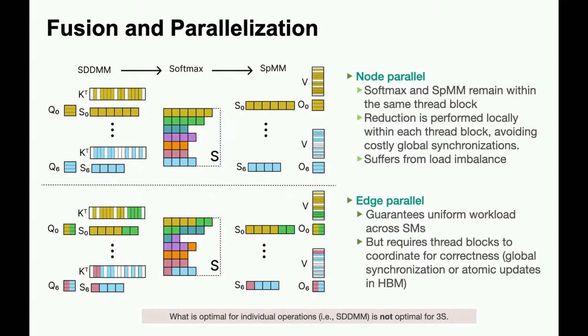So when you're doing fusion, you have to think about what is optimal for the composition of these kernels. Since our goal is to have a fully on-chip fused algorithm, we go with node parallel, where there's no synchronization. Each of the colors means that operations are computed by completely independent cores, so to speak. And there is no synchronization among them. The downside is that you have this irregular load imbalance that you have to handle at scheduling time.